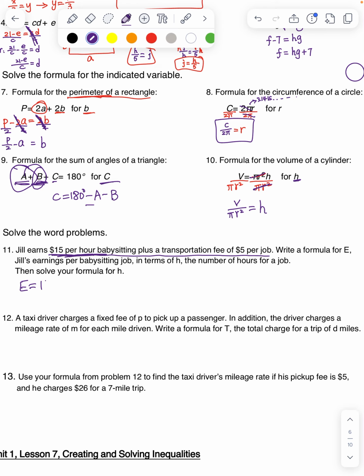So $15 times how many hours? And then plus the transportation, they give you $5 more to get to the house, right? So the total earning equals $15 times how many hours plus the transportation cost. We're going to solve for H.